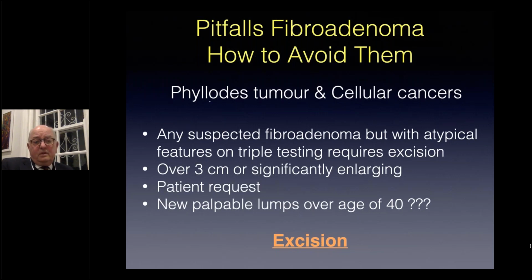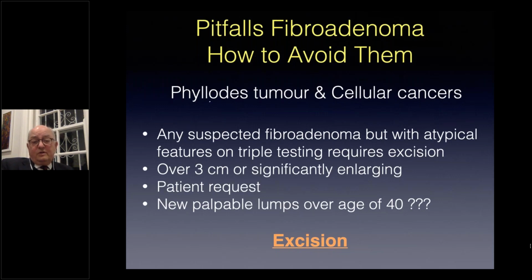The other group that we take them out for is when a patient requests excision despite a very thorough explanation of the condition and the findings and the results you've got. Because there are some patients who just won't tolerate, at least for the first time that it happens, a lump in their breast, and you need to take it out.